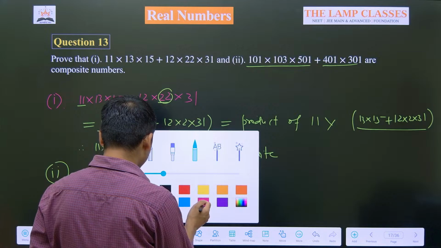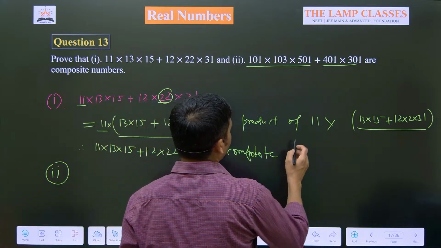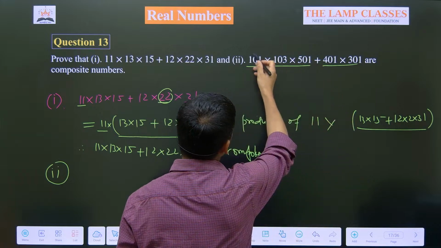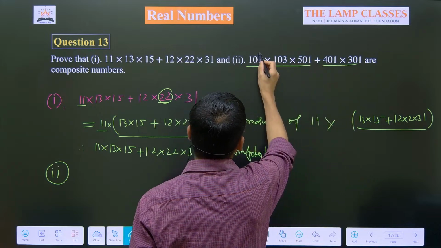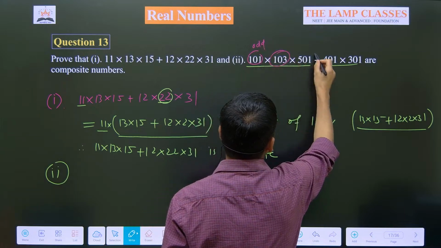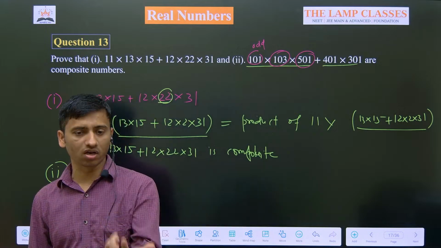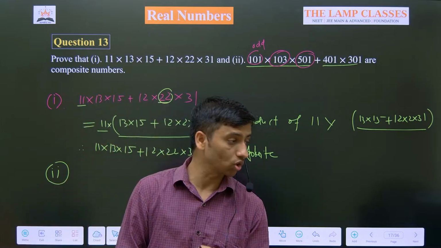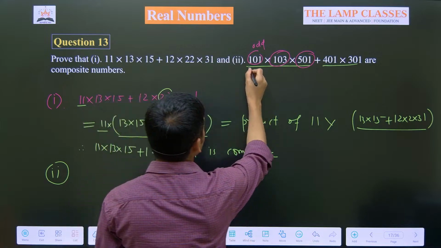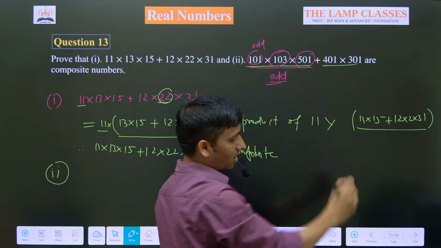Okay, so let's discuss now. You can clearly see in this question, even though there is nothing in common, this number is odd. This is also odd and this is also odd. And we know that whenever we multiply only odd numbers, the product is also odd, right? So can I say this first part must be an odd number altogether when we multiply them?